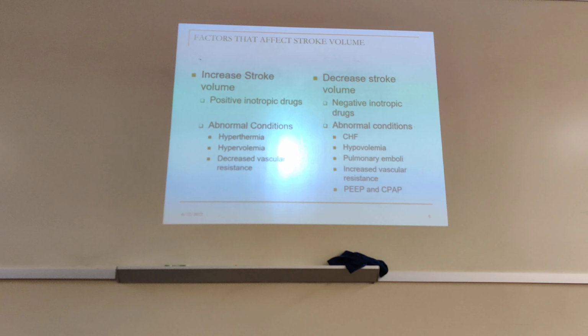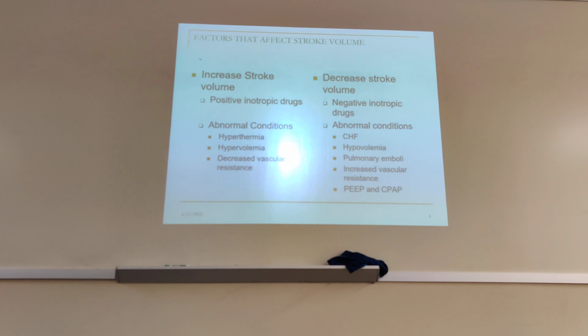Increased vascular resistance. For some other reason, your PVR is high, okay? Or maybe your SVR is high for some other reasons. That will also happen when you do PEEP or CPAP. Now, PEEP and CPAP are the same. I mean, they are both positive pressures. We'll call it CPAP when somebody is breathing spontaneously, and then we'll call it PEEP when they're not.